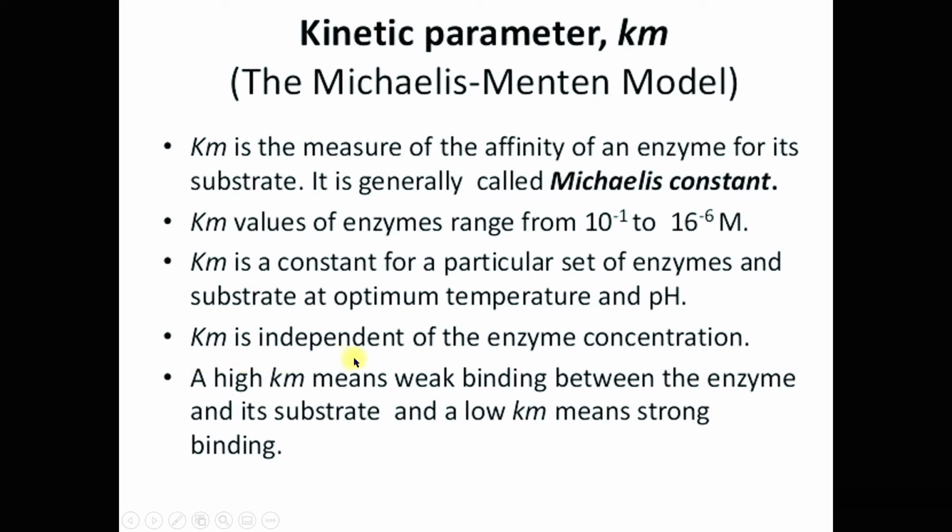Km is independent of the enzyme concentration. A high Km means weak binding between the enzyme and its substrate, and a low Km means strong binding, like what I mentioned earlier.